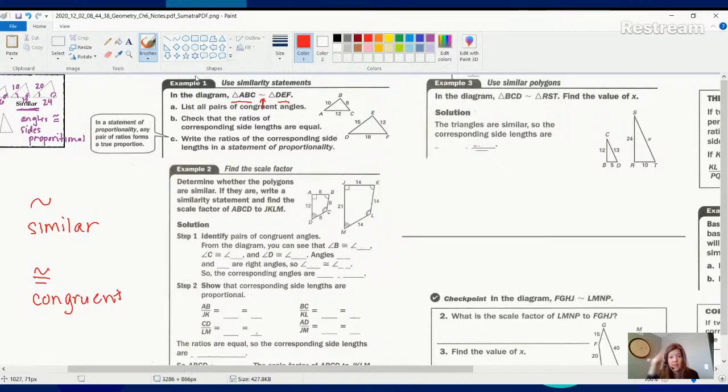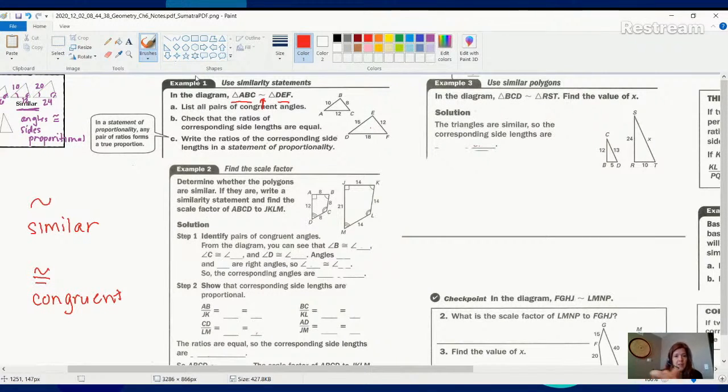So that statement, again, is important. You can look at your picture and kind of see how they're similar to each other, right? From A to B is 10, from D to E is 15, so it goes from 10 to 15, and then B to C and E to F goes from 8 to 12, and then A to C to D to F goes from 12 to 18. So they seem like they're similar, but let's kind of talk about that.